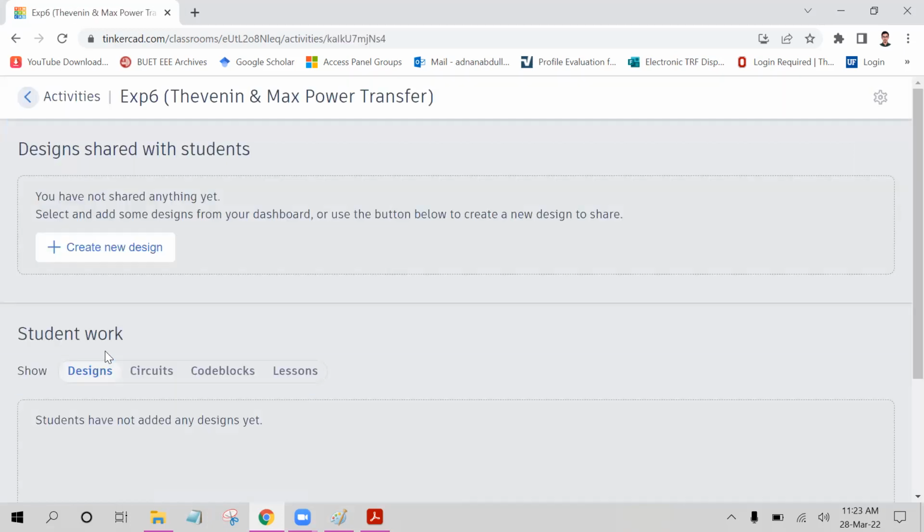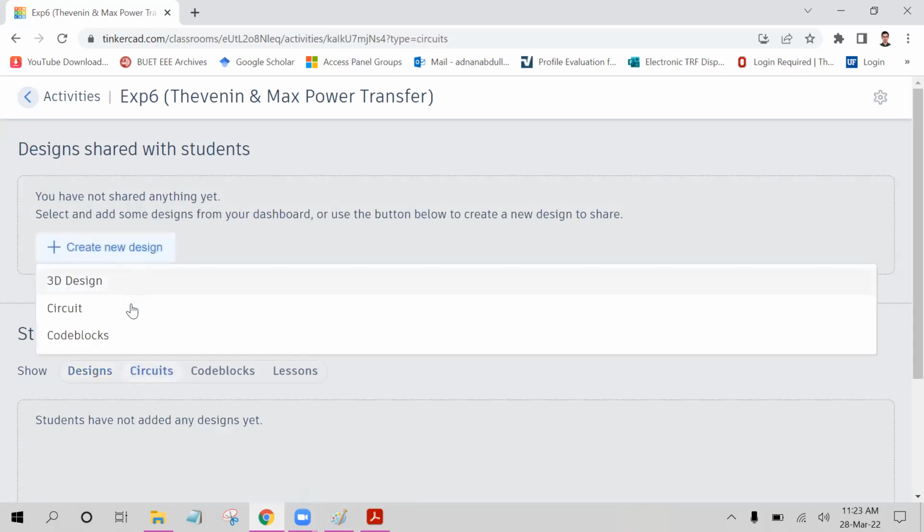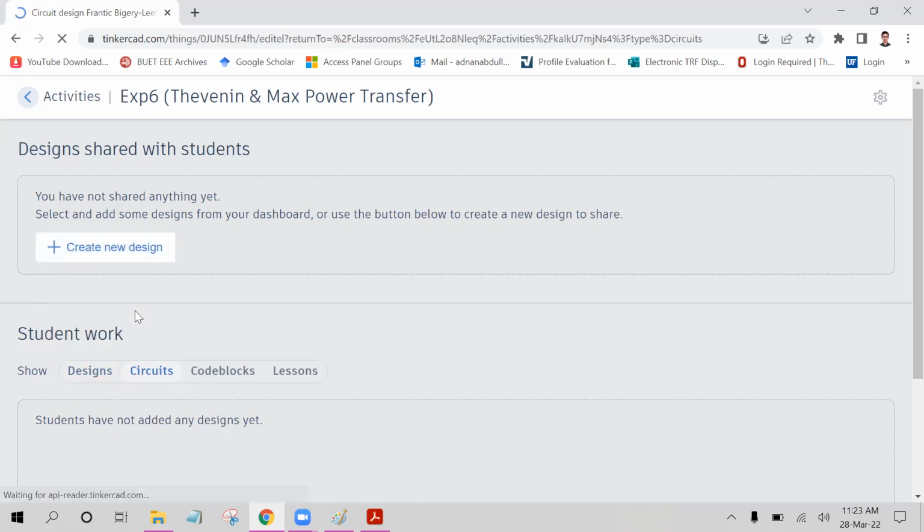First, go inside this class activity and then create a circuit. From create new design, you should click on the circuit option. Please make sure that you are creating the circuit within this class activity. Is it clear?